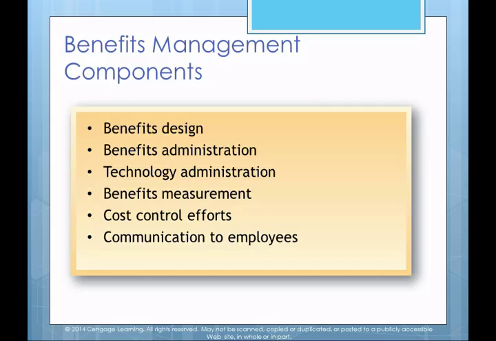So, benefit management components: what do we have to look at when we have figured out our benefits strategy? Well, we need to have a benefits design, benefits administration, technology administration, benefit measurement, cost control efforts, and communication to our employees.